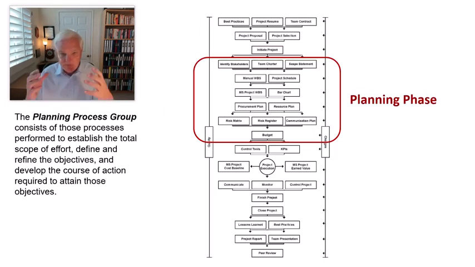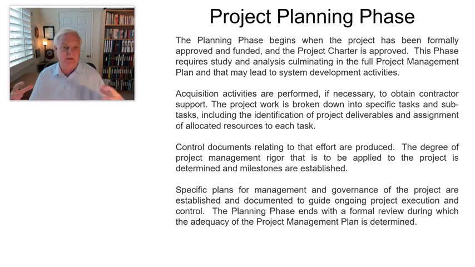So if we take a look at the planning phase, it actually composes the planning group processes, which consists of the processes performed to establish the total scope of effort, define and refine the objectives, and develop the course of action required to obtain those objectives. Now, the way that happens is what we refer to as the project planning phase. It begins when the project has been formally approved and funded and the project charter is approved.